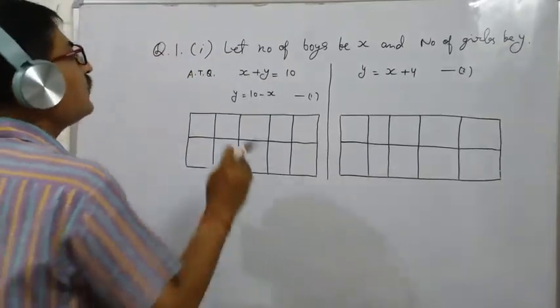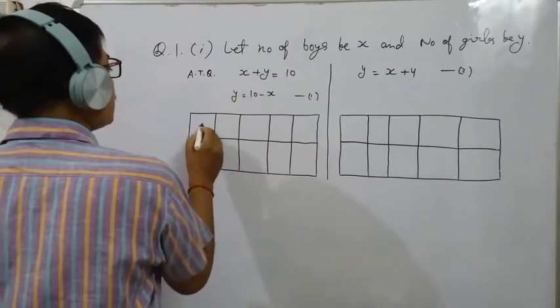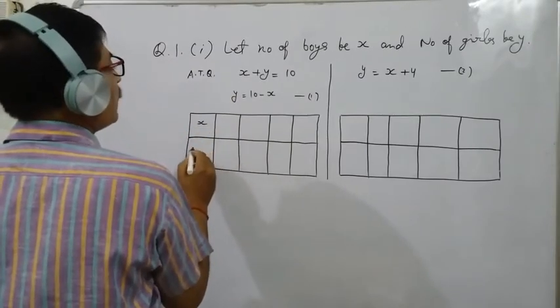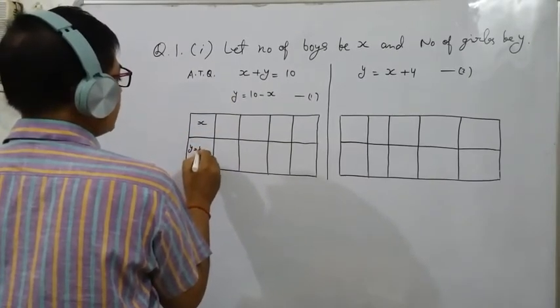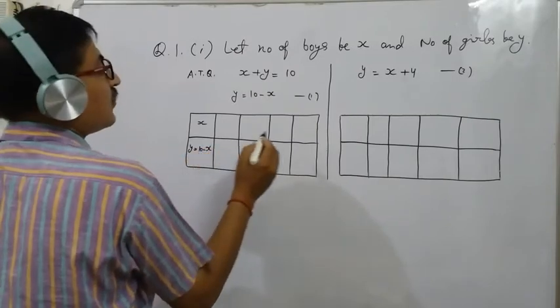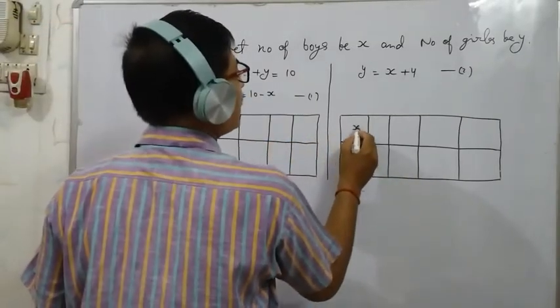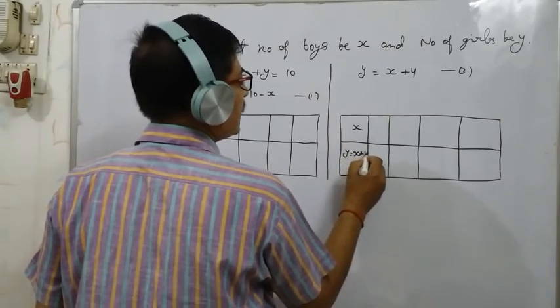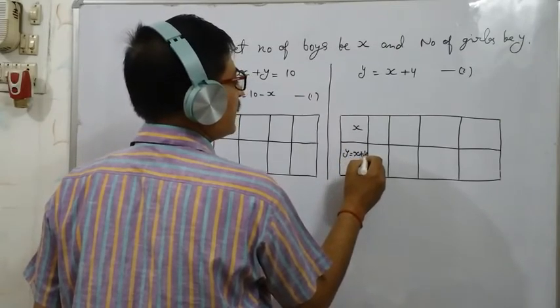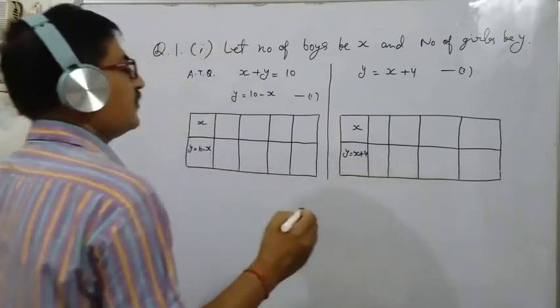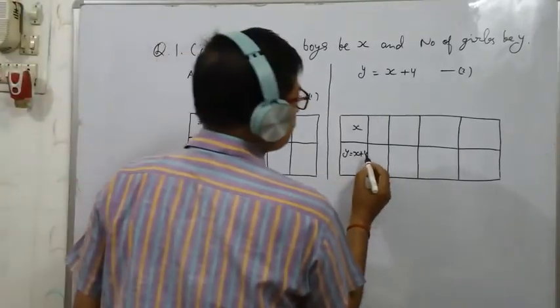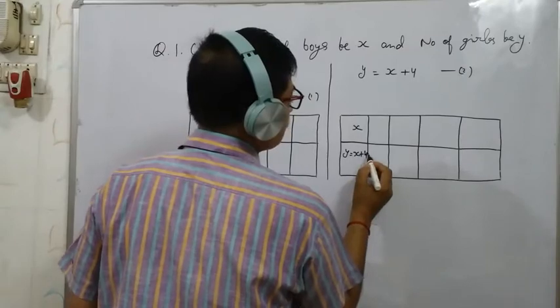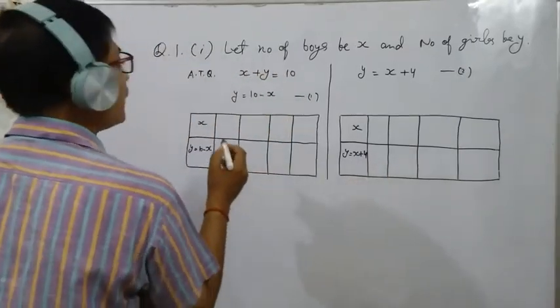In the first column, because the y value depends upon x, x will be here and y equal to 10 minus x will be here. Then x will be here and y equal to x plus 4. Now we'll take different values of x.